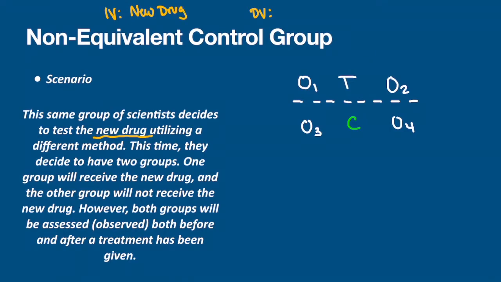And our dependent variable is essentially going to be the outcome of the given drug, or we can identify it as its effectiveness.